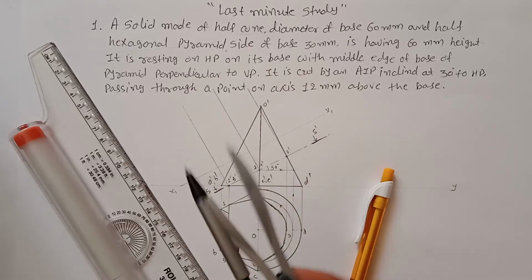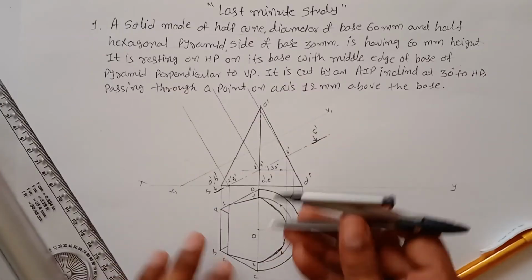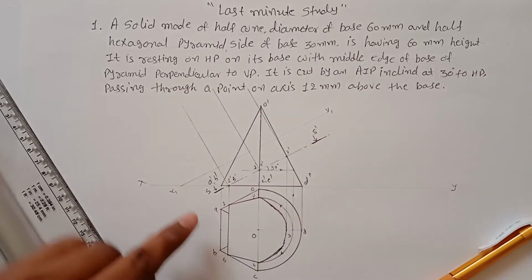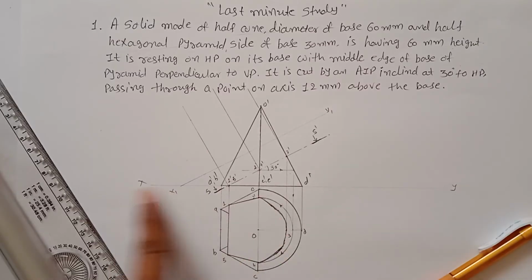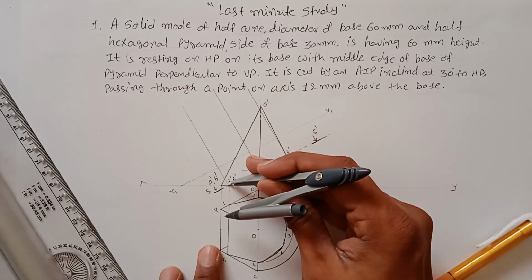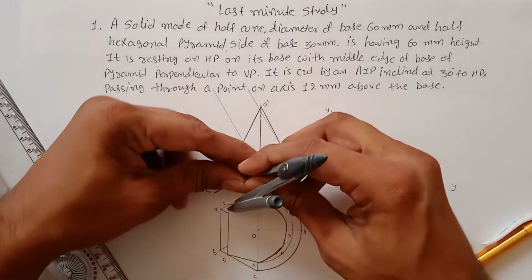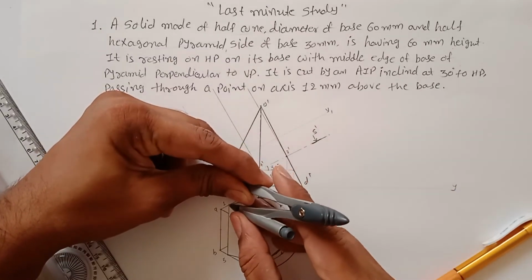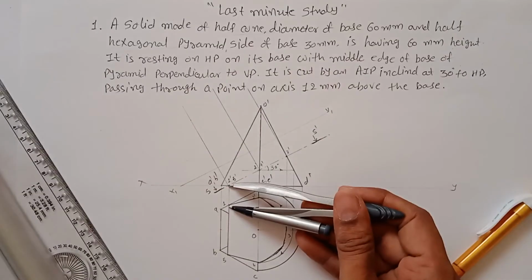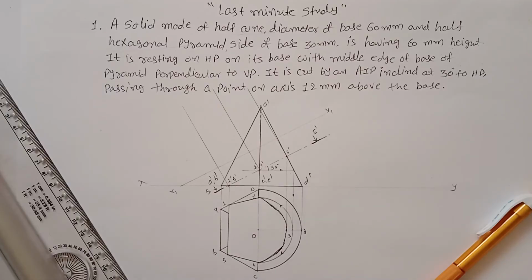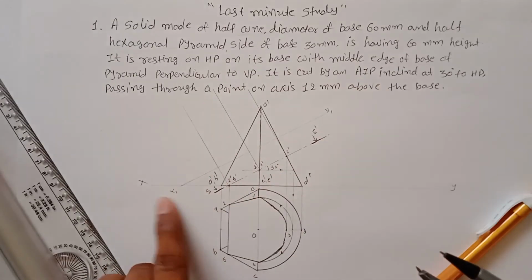Now, by using a divider, you have to measure the distance of the first point from the XY line, this distance, and put it on X1 Y1.